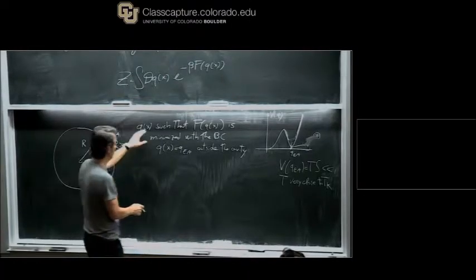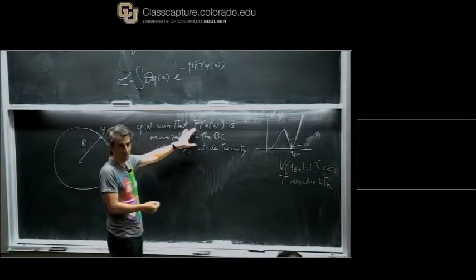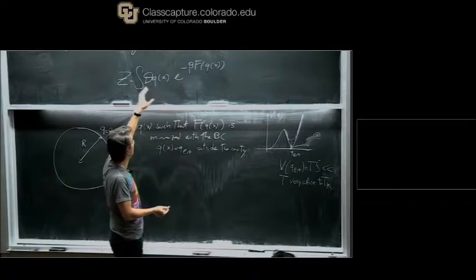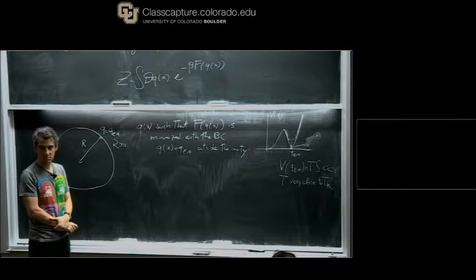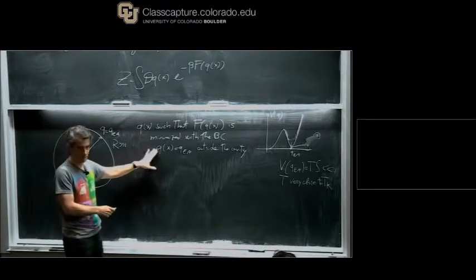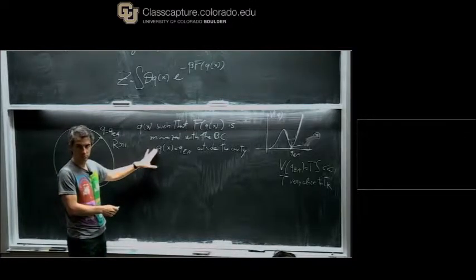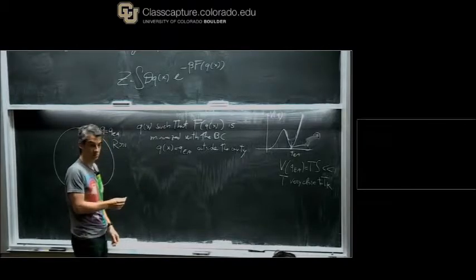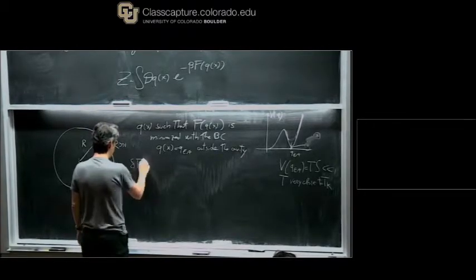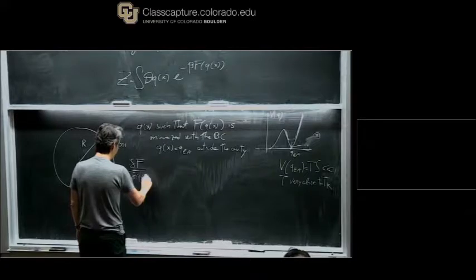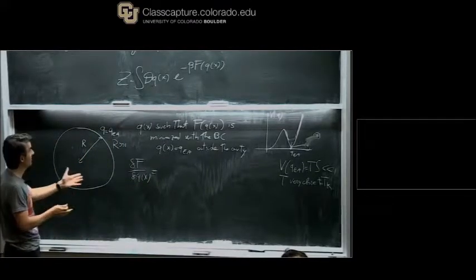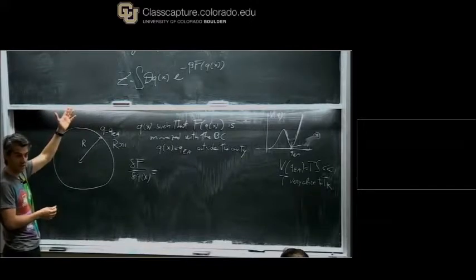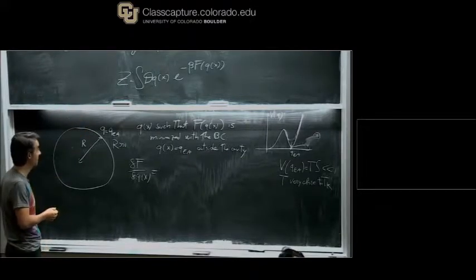So, to find the q of x that minimizes f of q of x, I have to take the functional derivative of f of q of x, and then impose this boundary condition. So let's do it. The functional derivative df dq of x, in principle I can just write it down, because f of q of x is nothing else than the Landau free energy that you have already studied for the ferromagnetic system.